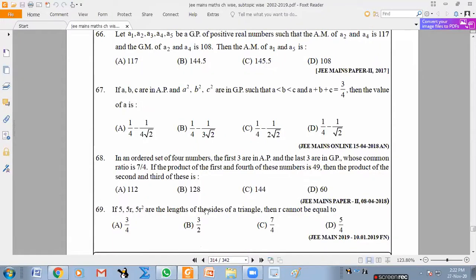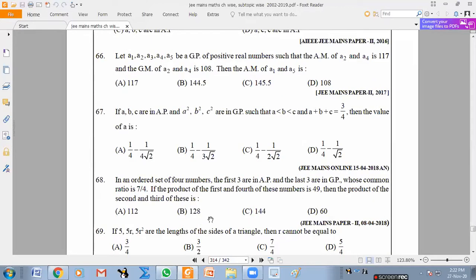Up to 69. Anybody any doubts? 66. Five terms are in GP of positive real numbers such that the arithmetic mean of A2 and A4 is 117, the geometric mean of A2 and A4 is 108.